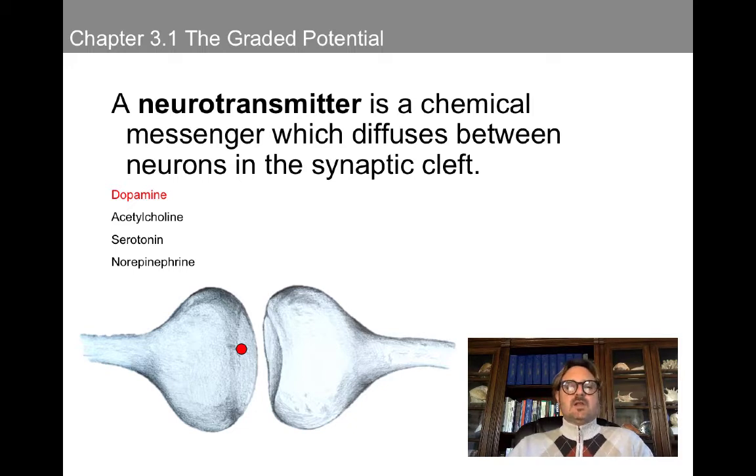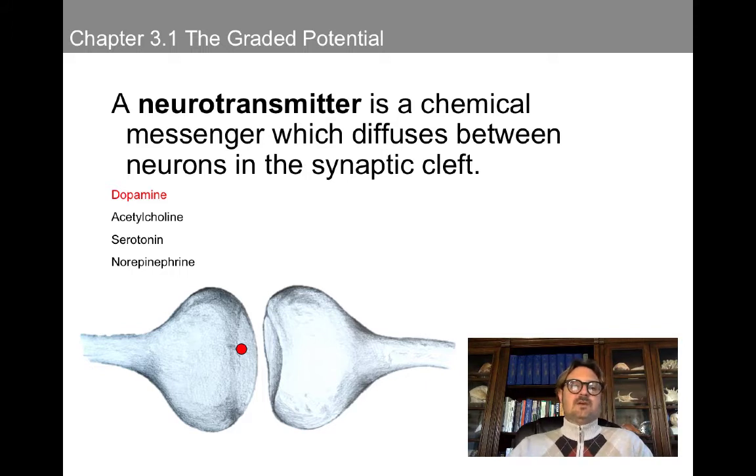We're going to spend a lot of time talking about the classic biogenic amines: dopamine, which is really important for reward circuits and movements, and is implicated in ADHD and schizophrenia. We're going to talk about acetylcholine, which is really important for the rest and digest response, as well as muscle contractions and cognition.